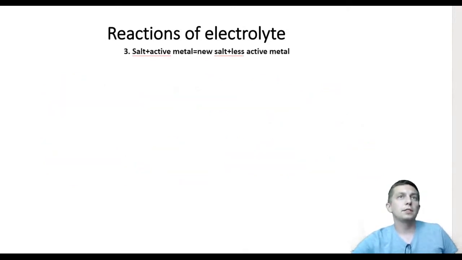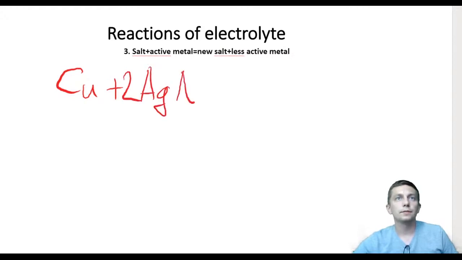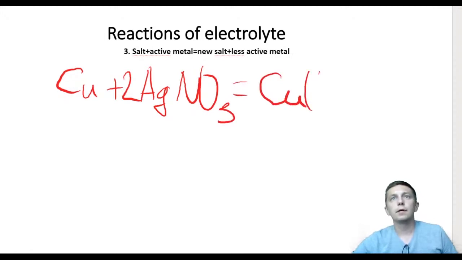The third type of reaction is salt of a not-active metal reacting with an active metal. For example, how I cover a Belarusian coin with silver. When I buy silver in the bank and synthesize silver nitrate, then I put the Belarusian coin in silver nitrate solution, AgNO3. My coins are covered by silver.